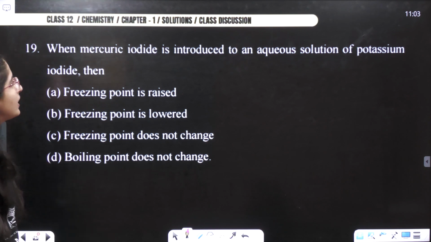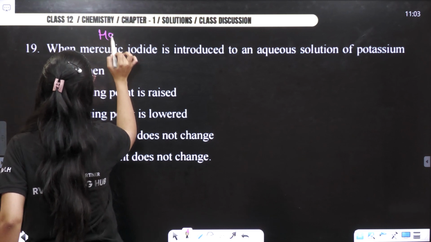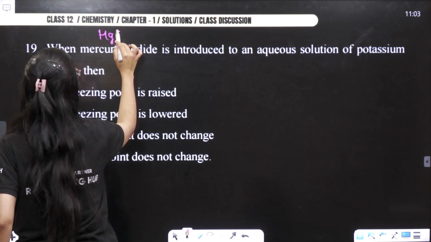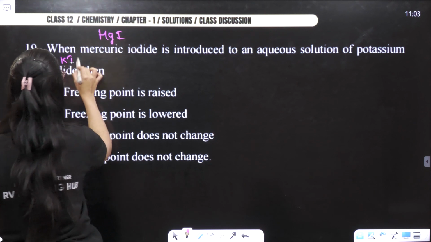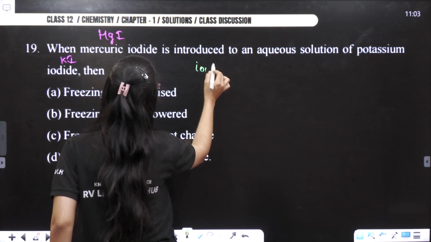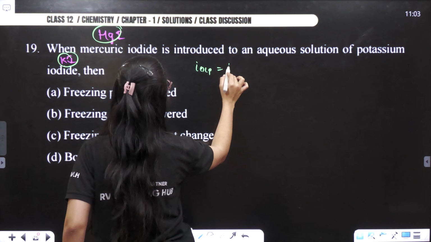Mercuric iodide is introduced to an aqueous solution of potassium iodide, then what will happen? Mercuric iodide is HgI2. When you introduce HgI2 with aqueous potassium iodide, what do you expect? The expected i value: there are two components, both electrolytes, so you will expect 4.